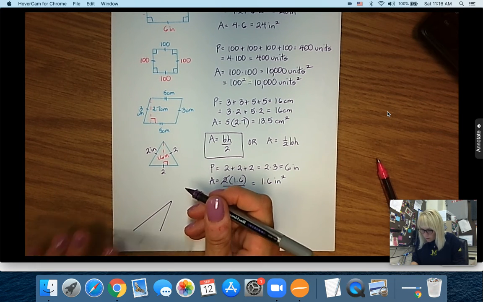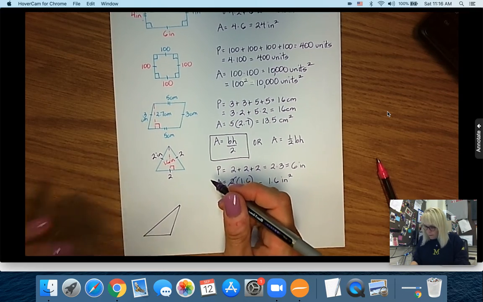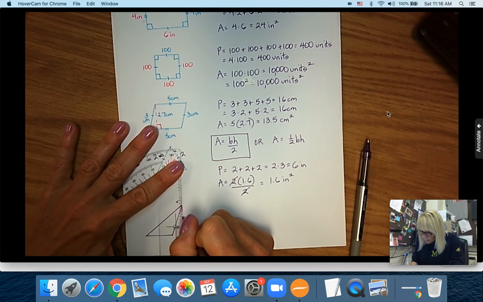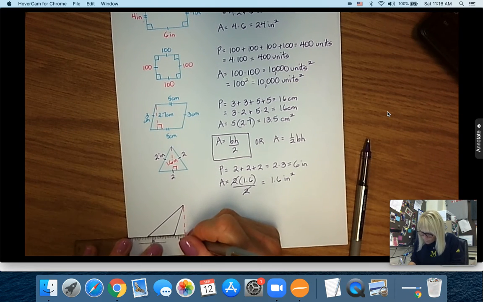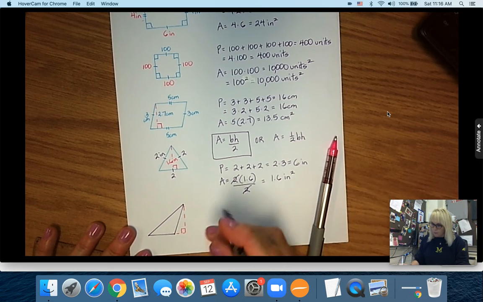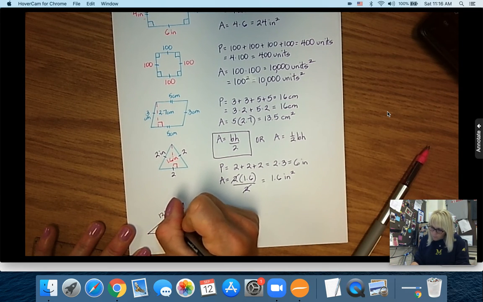So here's our triangle. Okay, poorly drawn, but I need a height because the formula for the area of a triangle says I need height, right? So I'm going to call the 3 sides on this triangle, let's say 12 feet.